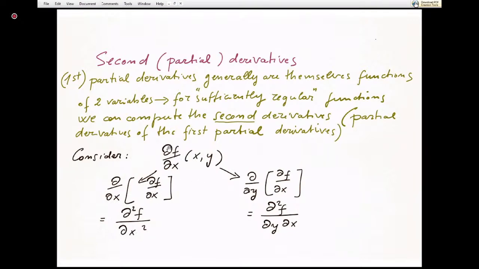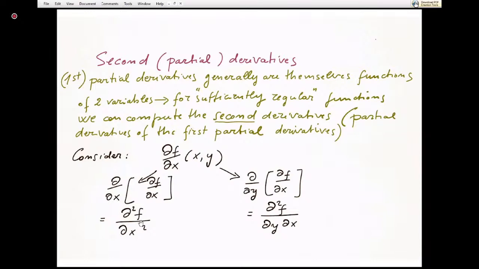What about the notation? If I want to express the partial derivative of this with respect to x again, look at the partial derivative operator. This is d by dx, the operator partial derivative with respect to x of something which is in square brackets. In square brackets, we have the partial derivative of the function with respect to x. Now, we immediately understand the notation for the second derivative. You see, d is twice here.